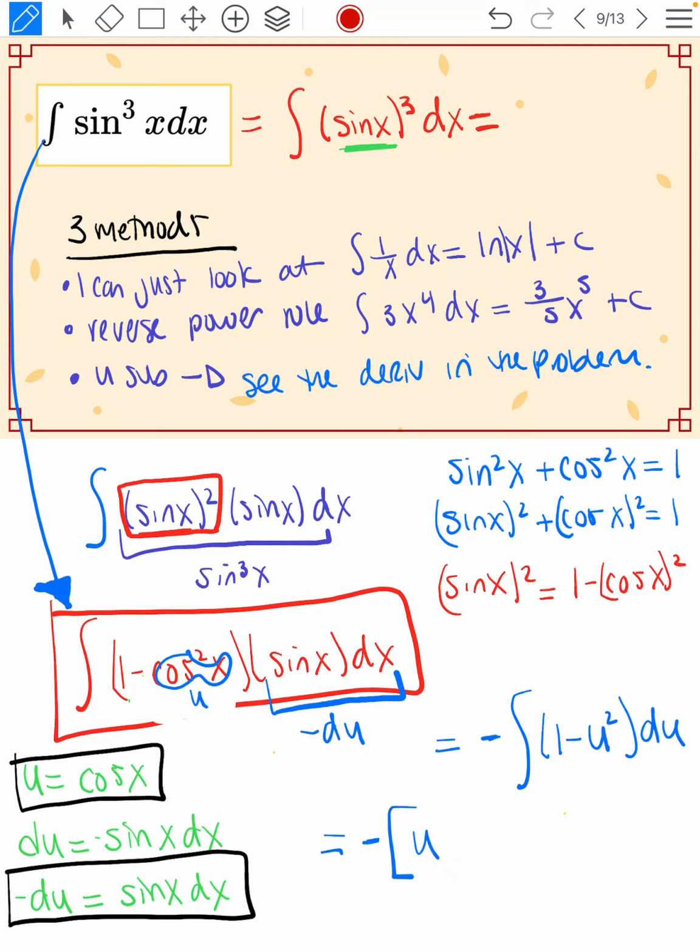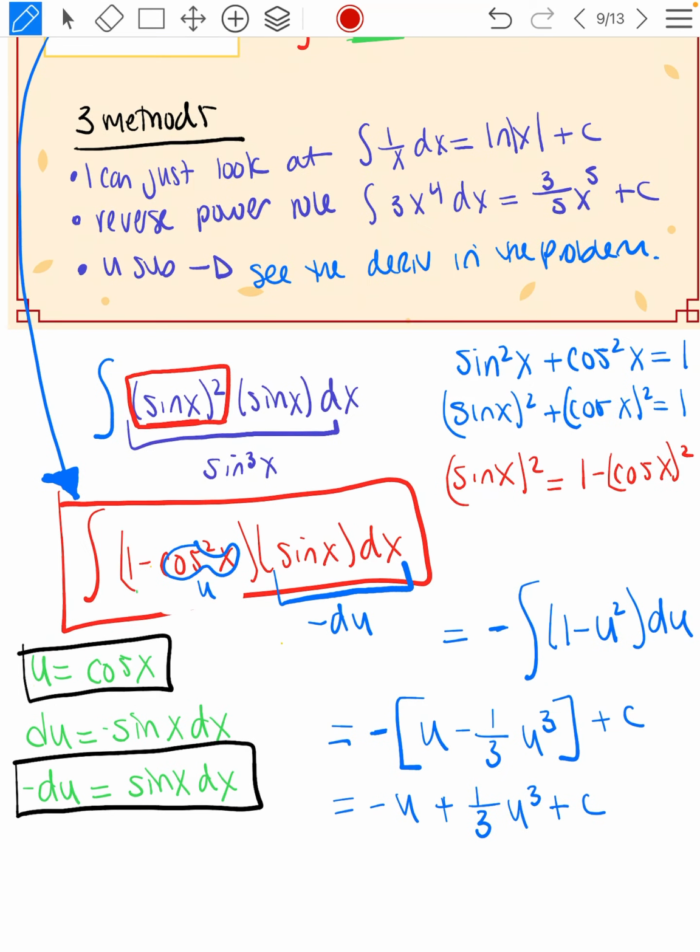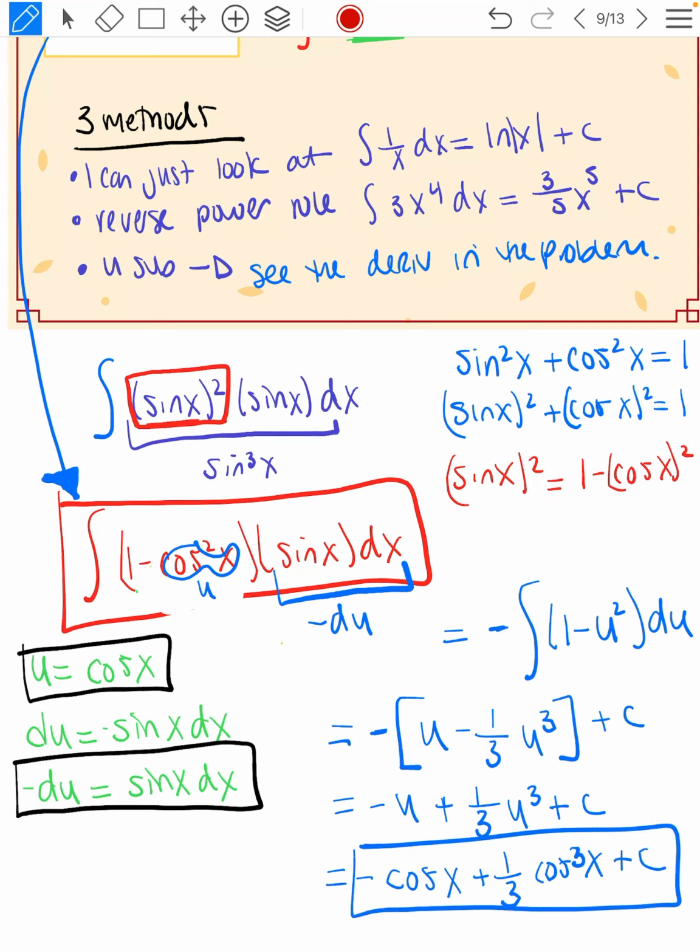The antiderivative of 1 is u, and the antiderivative of u squared would be 1/3 u cubed, plus c. I'm going to distribute that negative, so I have negative u plus 1/3 u cubed plus c. And then last but not least, replace u back. So I have negative cosine x plus 1/3 cosine cubed x plus c as my antiderivative.